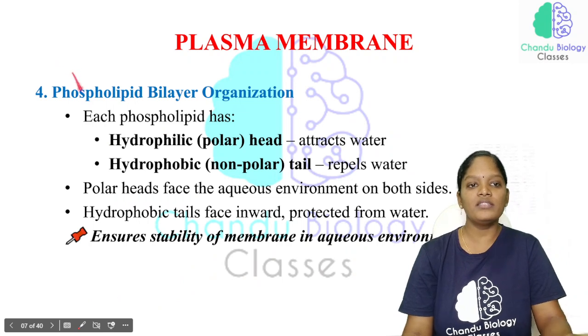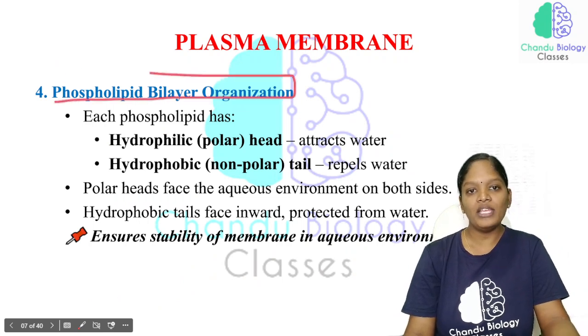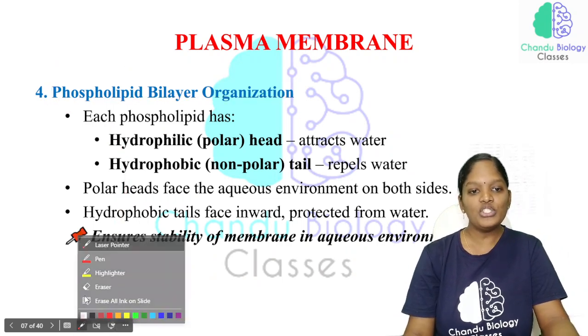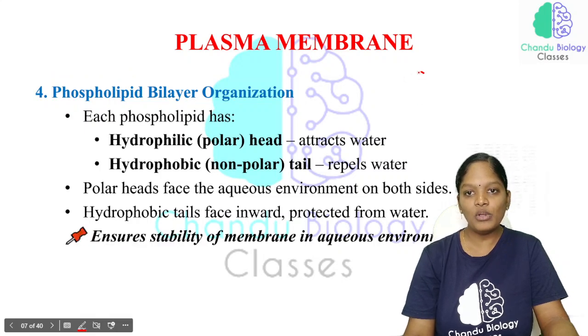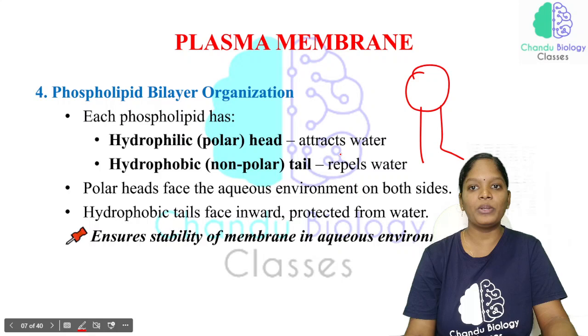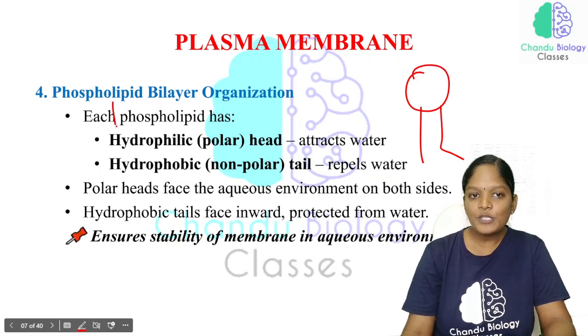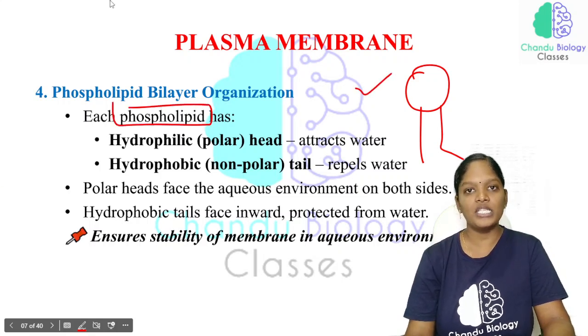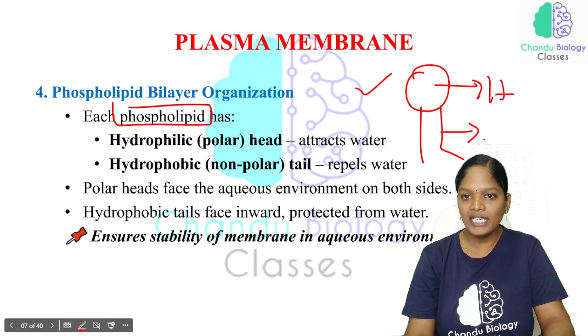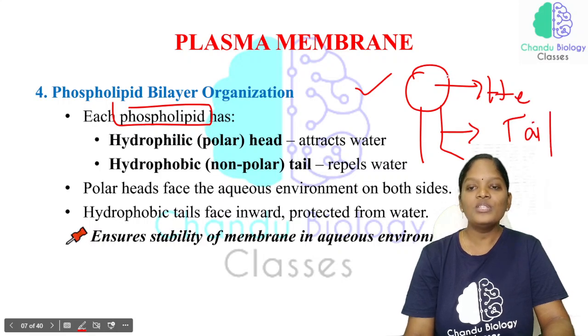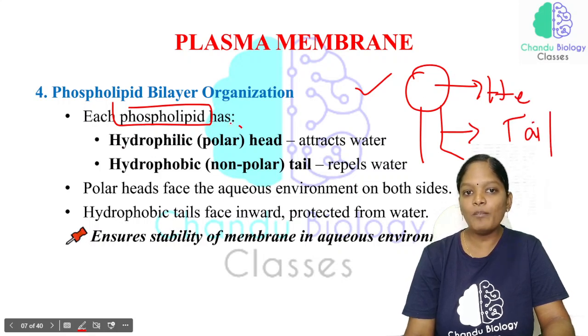First thing, phospholipid bilayer organization. As I have mentioned before, there is a phospholipid bilayer. Each phospholipid has a head region and a tail region. The head region is called polar.